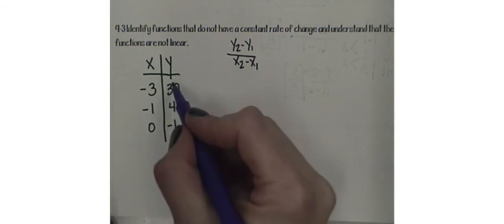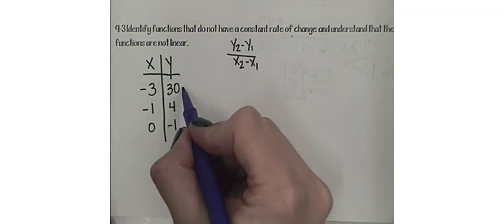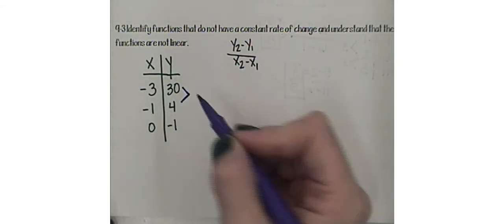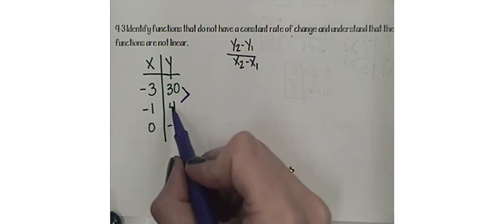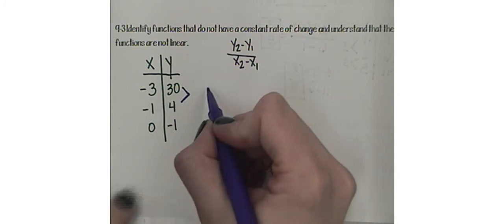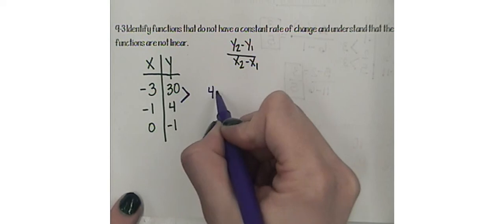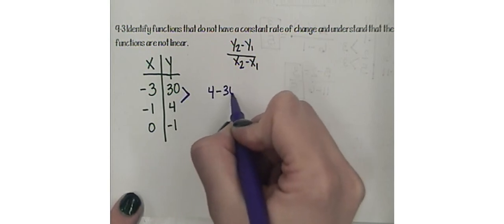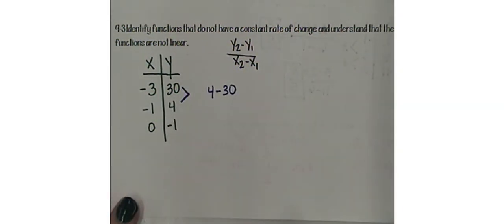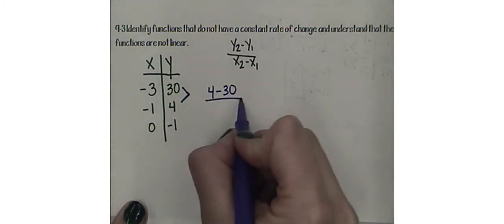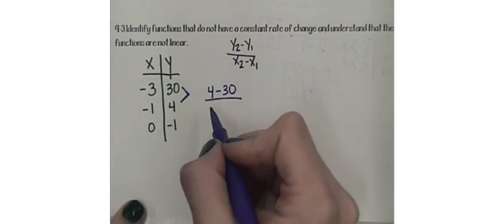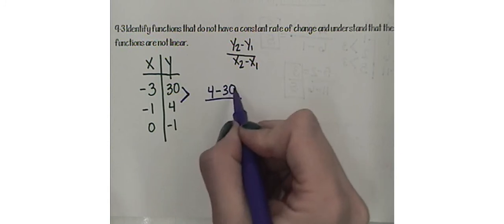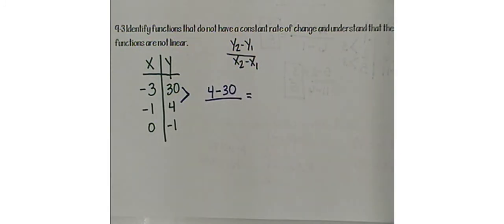So we're going to look at our y column first. Let's calculate the slope between these two. So 4, the second one, minus 30 over, actually let's do, what is 4 minus 30? Negative 26.